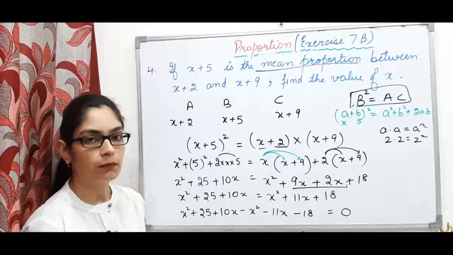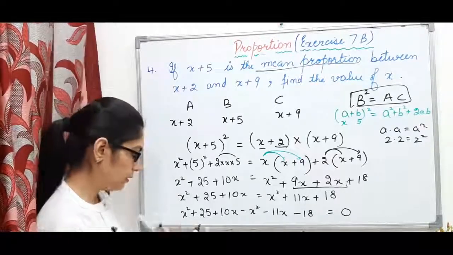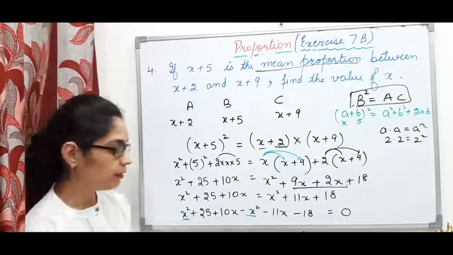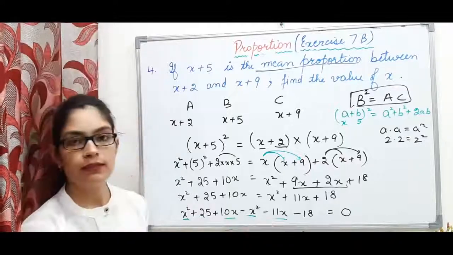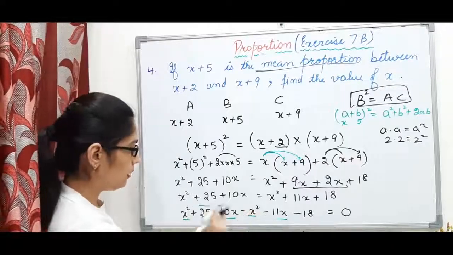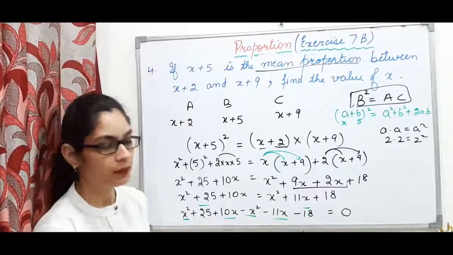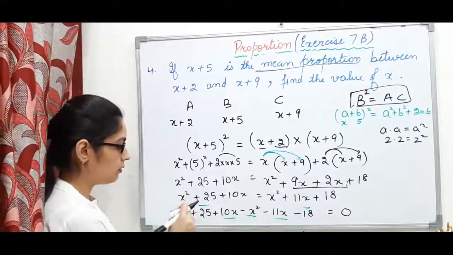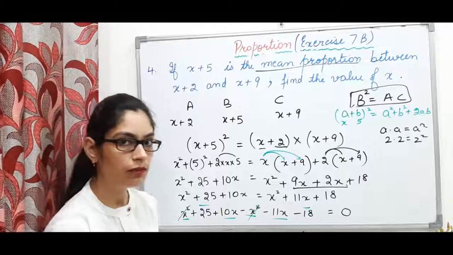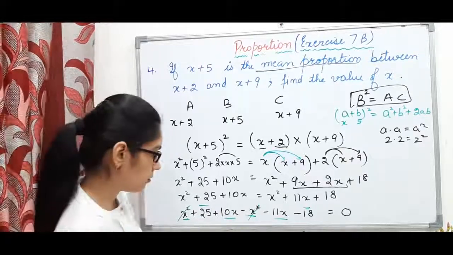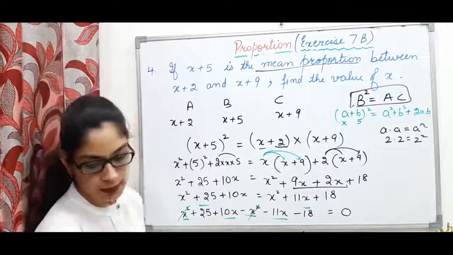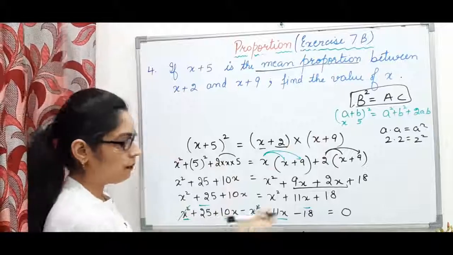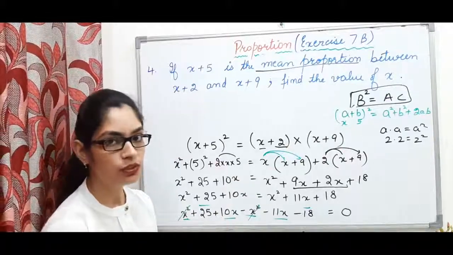Now, all the like terms we can add or subtract. So, first we have to find out which are the like terms. x square and x square, these are like terms. Then 10x and 11x, these two are like terms. Then 25 and 18, the similar numbers. x square minus x square will be 0. So we can directly cancel same number. When we subtract from itself, it will give us 0 as answer. 10x minus 11x: 10 minus 11, minus plus minus, but the sign which is with a bigger number.